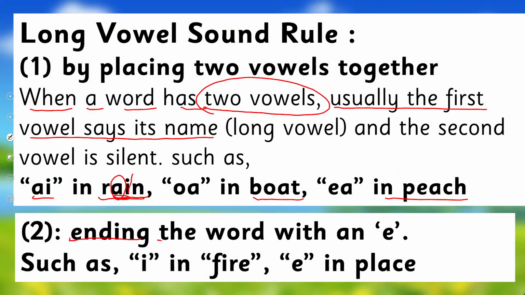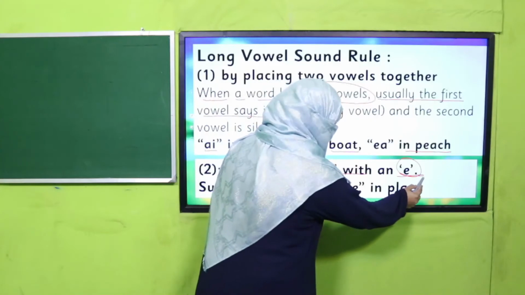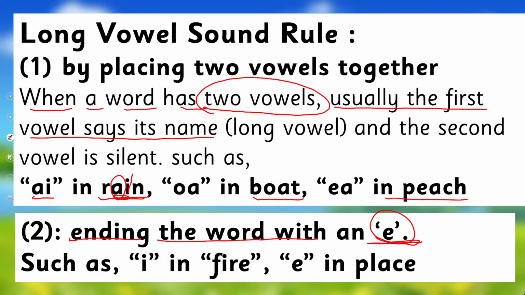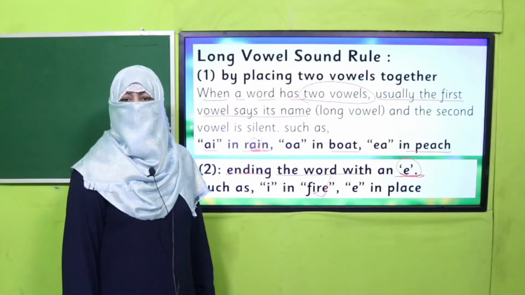And the second rule which we learned was, if a word is ending with E, this is called bossy E. Okay? The bossy E when it's there. So what happens? The vowel which is preceding will give its long sound, and this E remains silent. That's why it's called bossy.